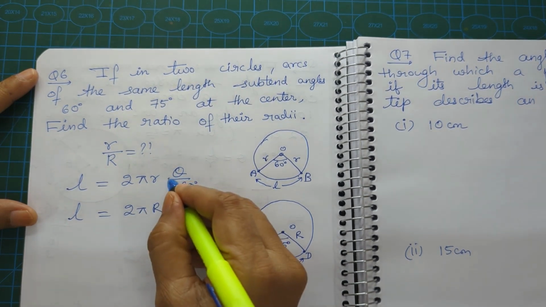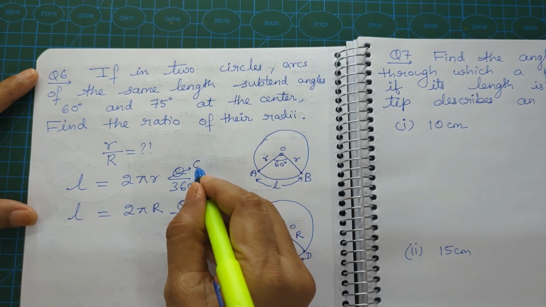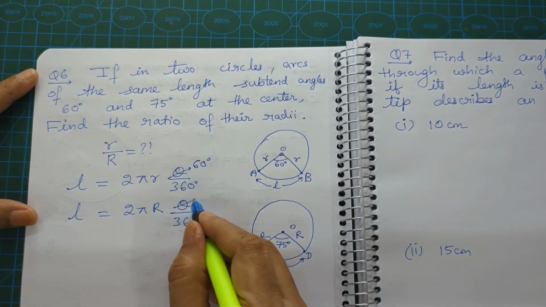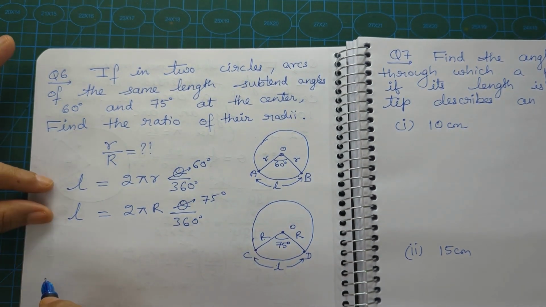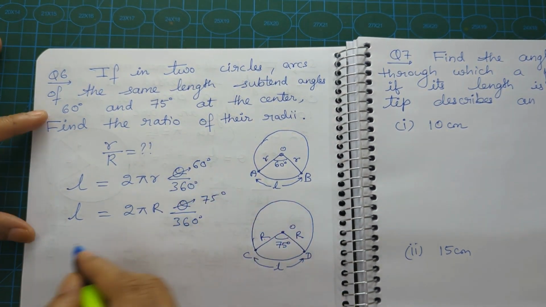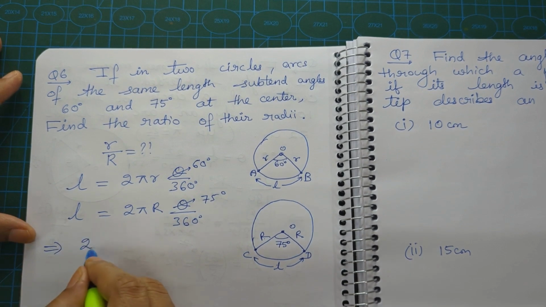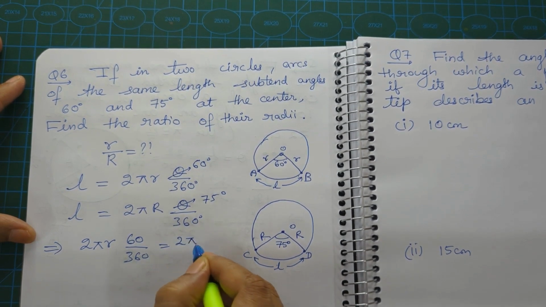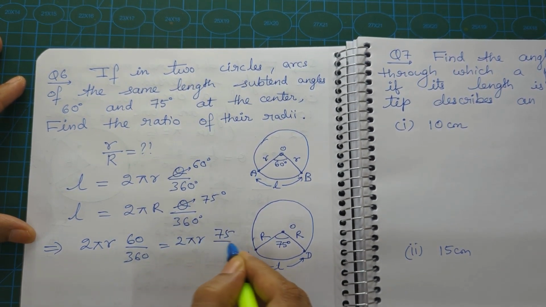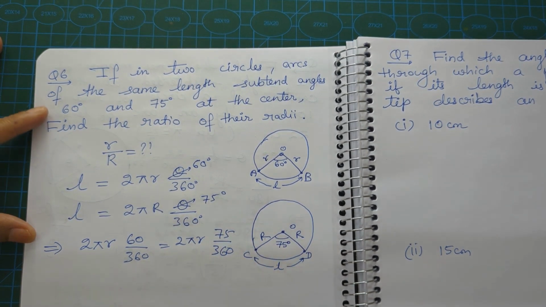And we know that in the first case theta is 60, second case theta is 75. Since lengths are same, means left hand sides are same, so we will equate the right hand sides. When we do so, we will get 2 pi r 60 upon 360 is 2 pi R 75 upon 360. So they are in degrees.